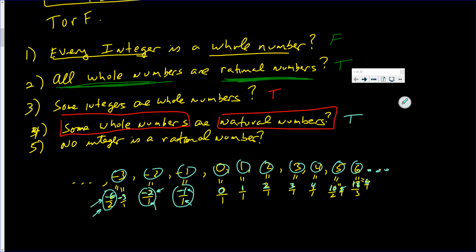That's a rational number. Well, if this number is rational, and it equals this number, that number is rational. Every integer is a rational number. This says that no integer is a rational number. That couldn't be any more false.